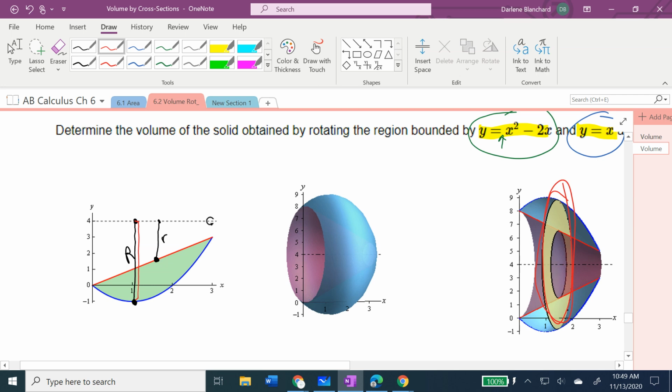It's actually a horizontal cut that makes it a sliver. And one of the things you can depend on is if the radius is perpendicular to the x-axis, it's a dx. If the radius is perpendicular to the y-axis, it's a dy.